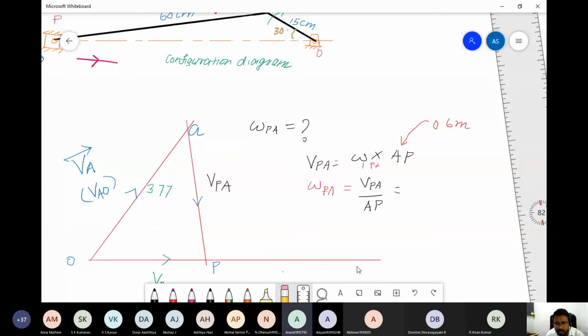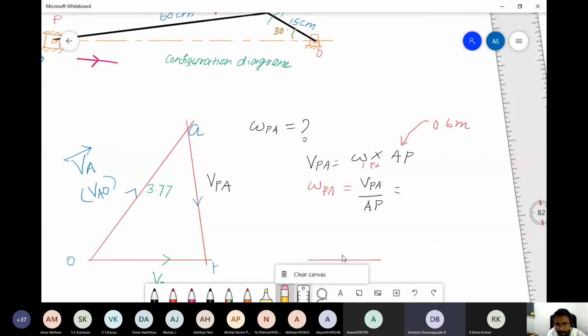Sir, we can say AOP is 30 degrees now, sir. Which one? AOP. Okay, I'm erasing. AOP is correct, 30 degrees only. Correct. So with that we can find VPA. Yeah, that way also we can find.